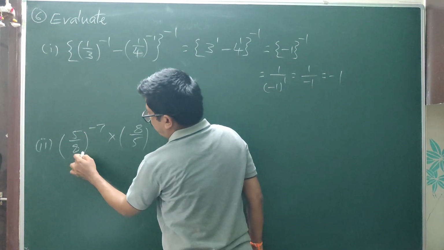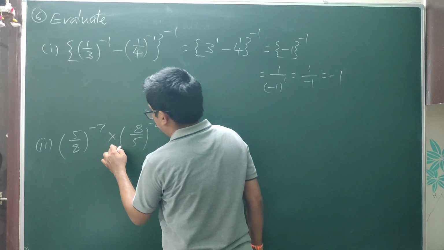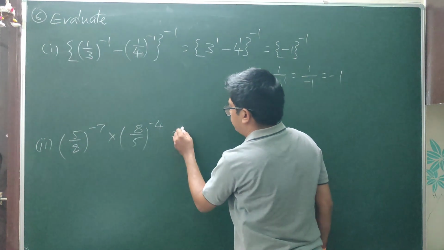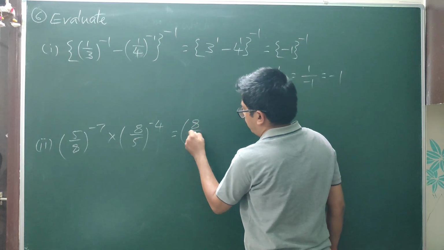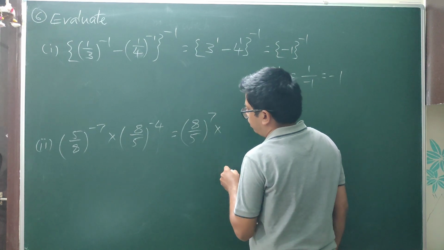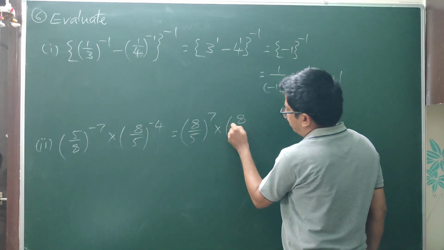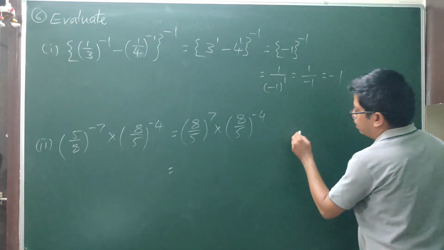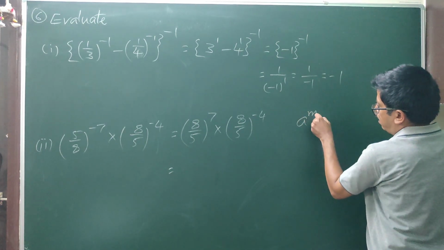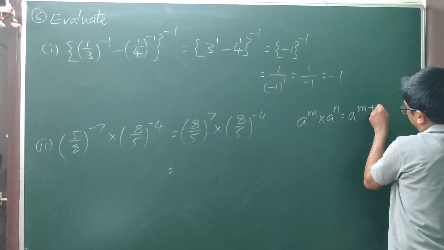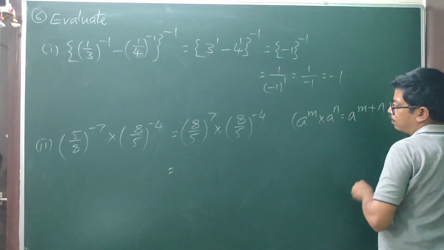Second question: (5/8)^(-7) into (8/5)^(-4). You just change it to (8/5)^7 into (8/5)^(-4), which is equal to a^m into a^n equals a^(m+n).